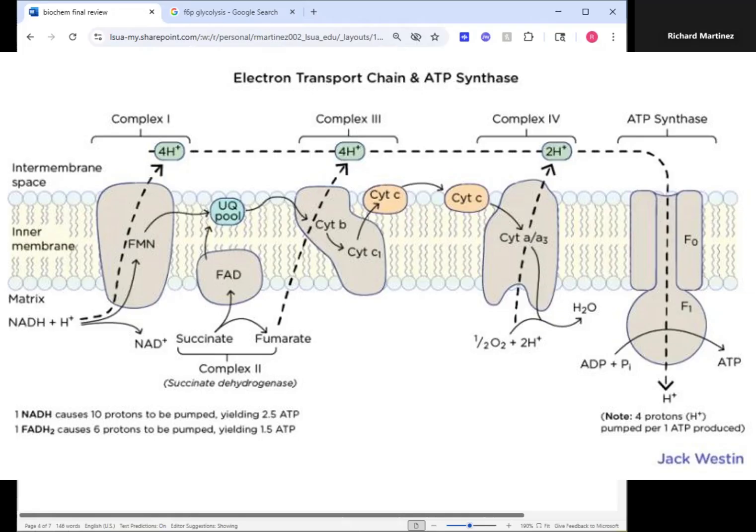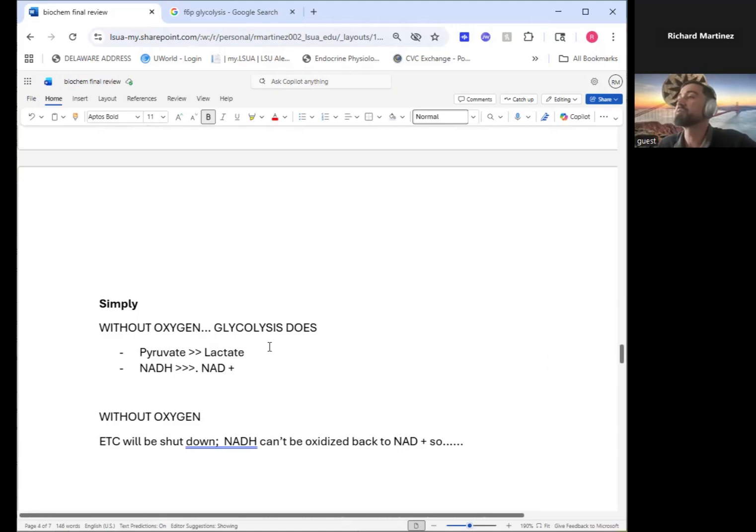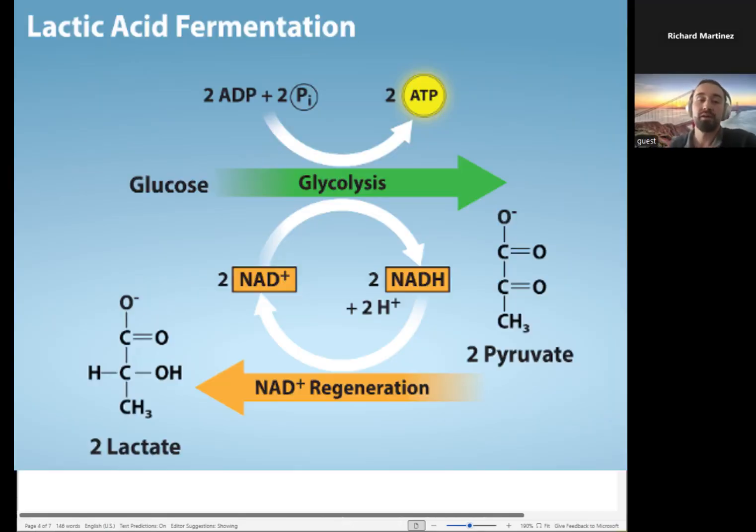Okay. I'll answer that after, because this class doesn't go too much into the lactate fermentation cycle. But I'm just explaining what would happen without oxygen. Exactly. So without oxygen, glycolysis will go through another process. It will turn pyruvate to lactate. See here. So here, you'll have a little step where it turns to lactate.